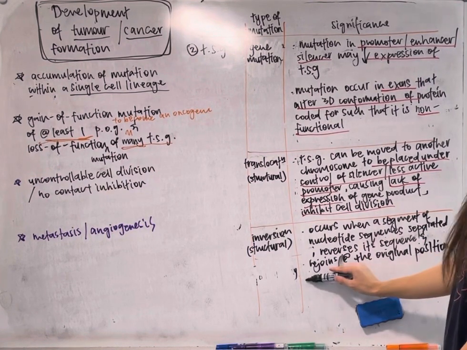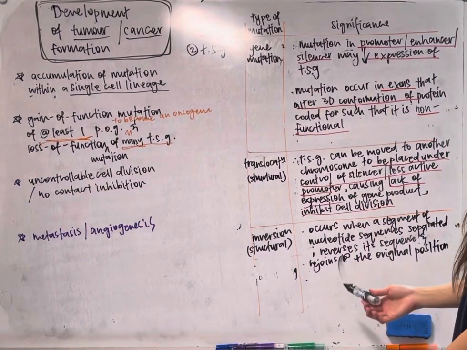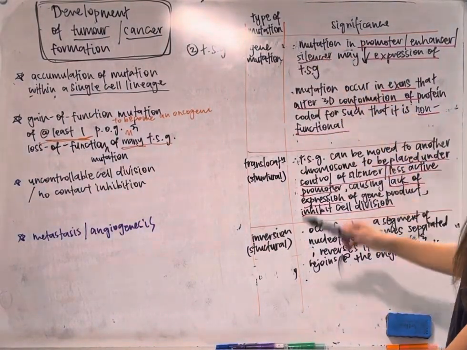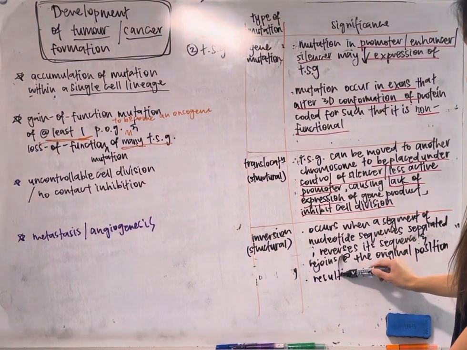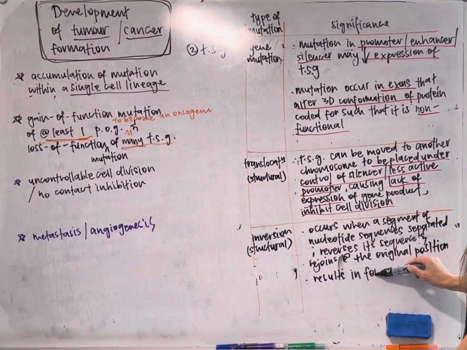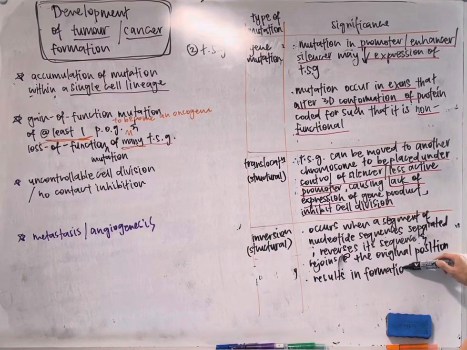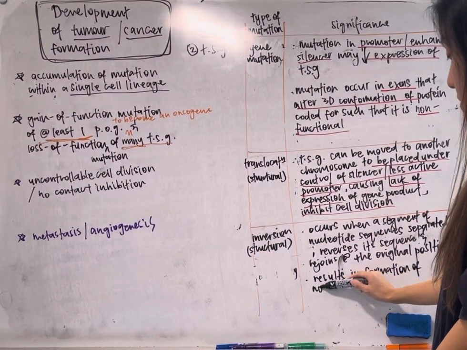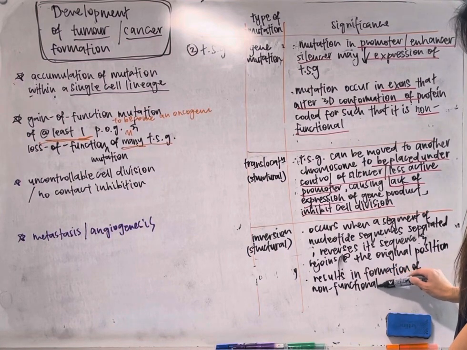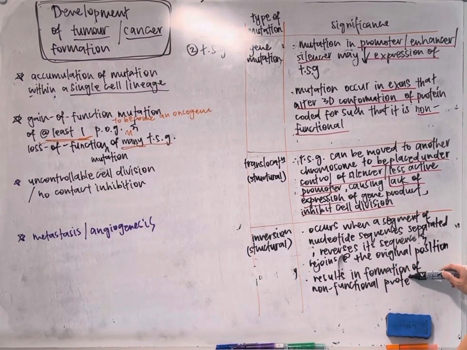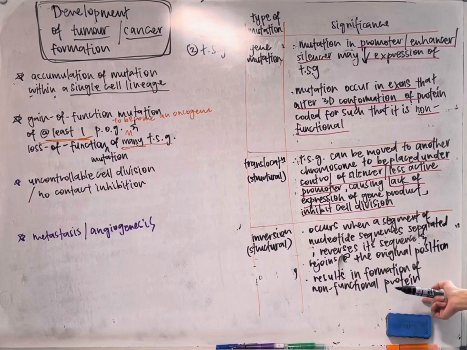When we have this, please take note why this can knock out the gene. You can see how it can result in formation of non-functional protein, because the missense mutation will be very extensive.